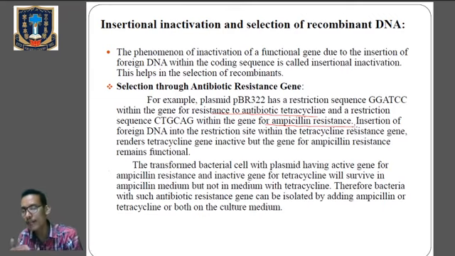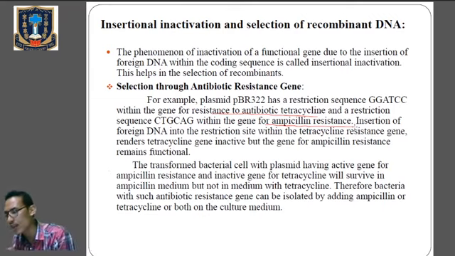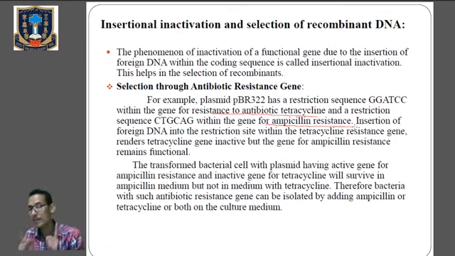So how to identify now which one is transformed and which one is non-transformed? Remember that we have inserted the foreign DNA into the region having the tetracycline resistance gene, so the gene for tetracycline resistance will become non-functional, whereas the gene for ampicillin resistance will be functional. So now that vector pBR322 can resist the antibiotic ampicillin, but it cannot resist the action of the antibiotic tetracycline.